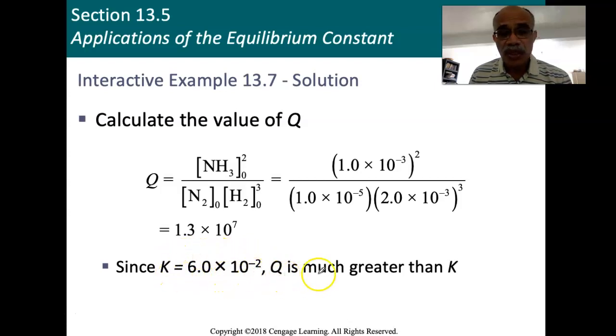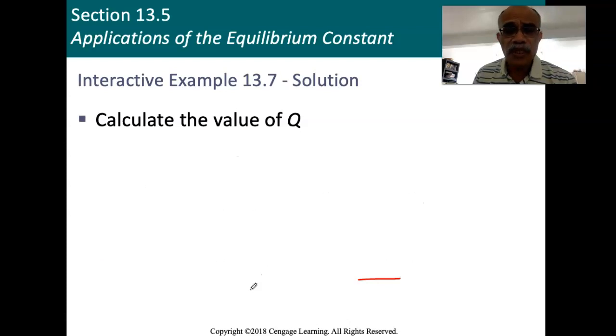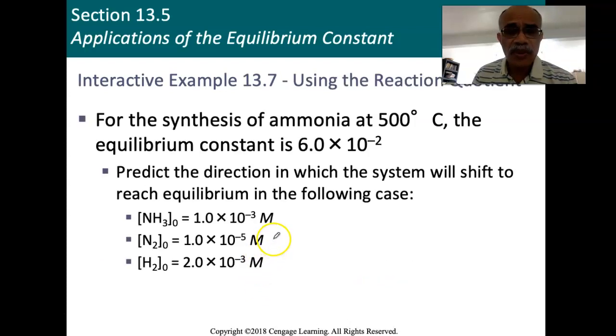So Q is much greater. Much greater. So what does that mean? That means according to this system, with this concentration, when you start the reaction, it will shift to the left. Means these two are going to be the favored products.